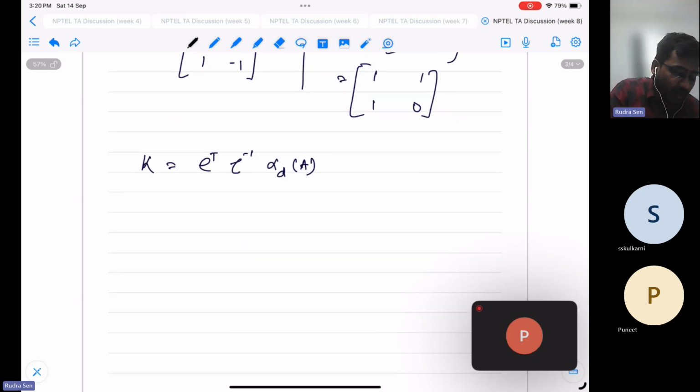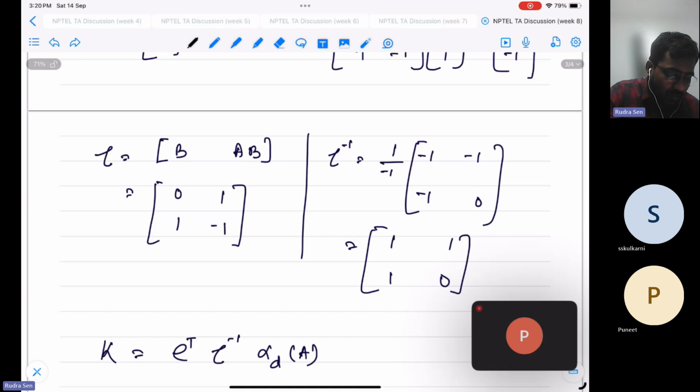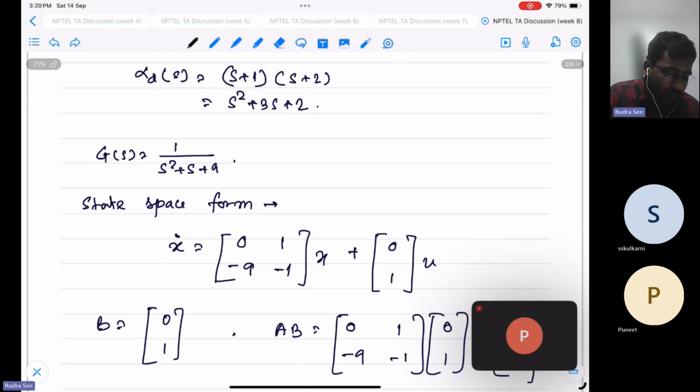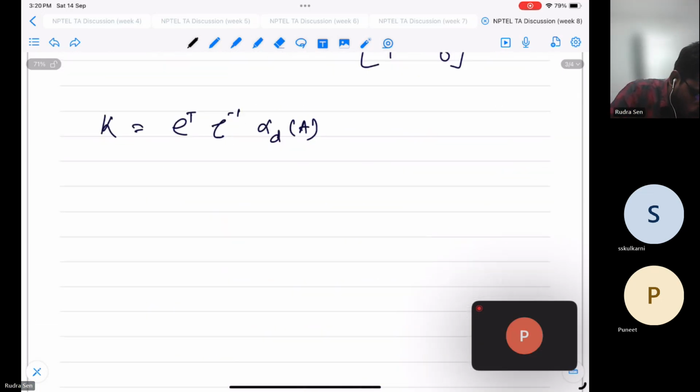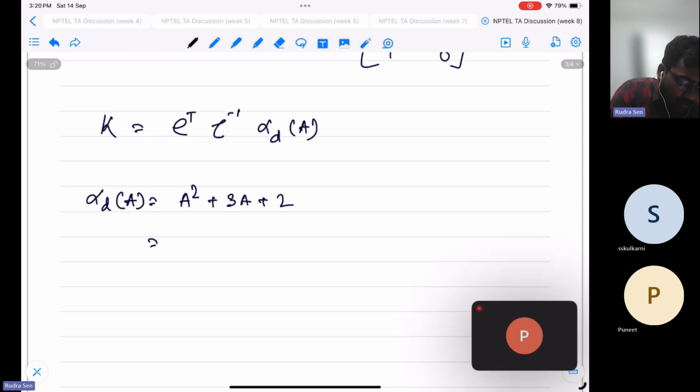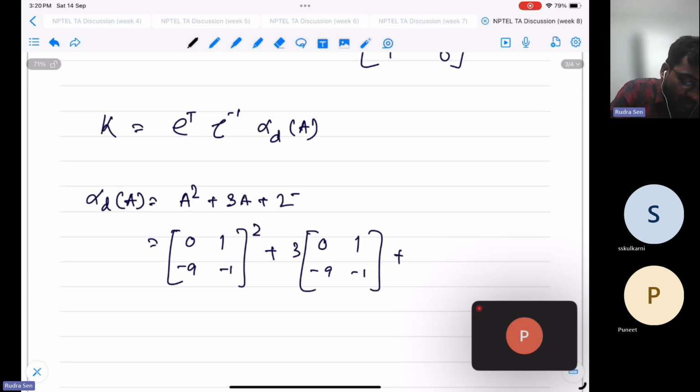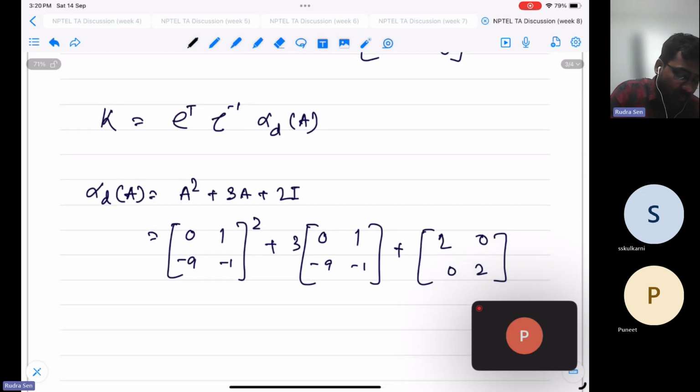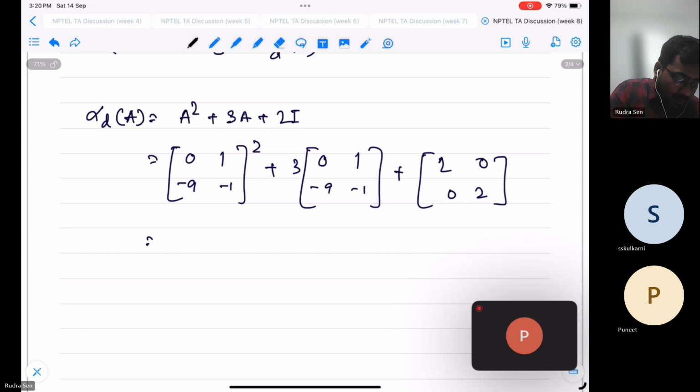In the Cayley-Hamilton theorem, we have seen that our system satisfies its characteristic equation. So here alpha d(A) is A square plus 3A plus 2I, that is 0, 1, -2, -3 squared plus 3 times 0, 1, -2, -3 plus 2I.